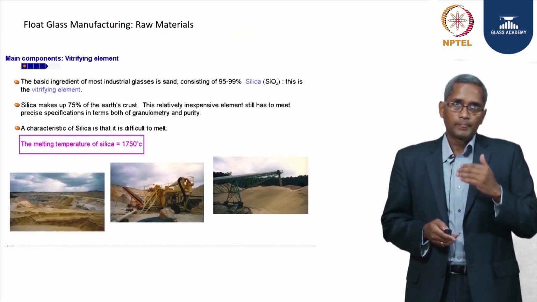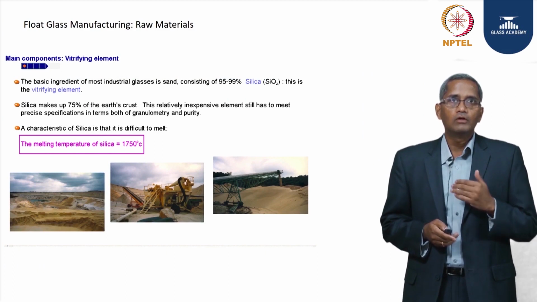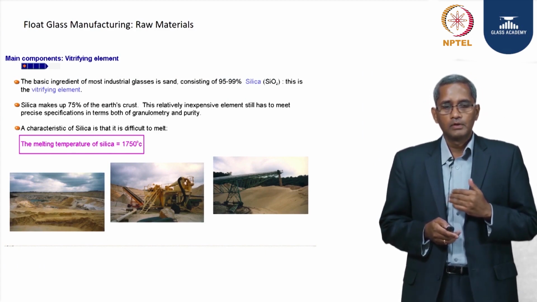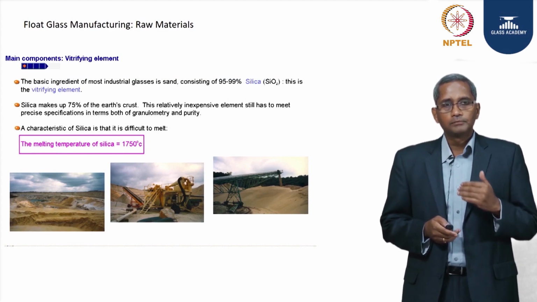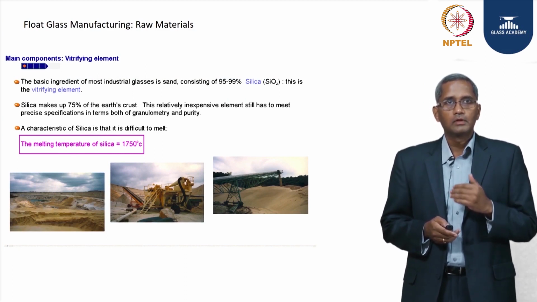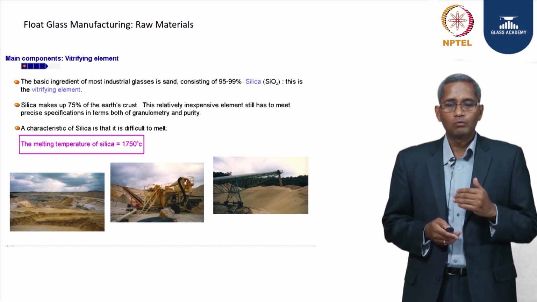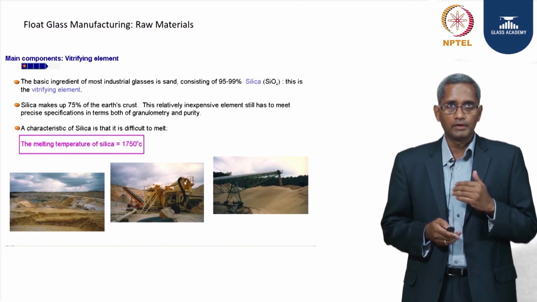Now, as I said, silica sand is the main raw material that is used to make glass. If you melt silica, you get glass. But the problem is, the silica melting point is very high at 1350 degrees centigrade.